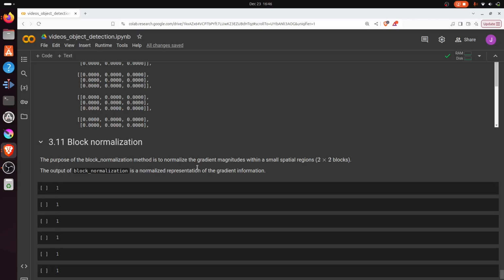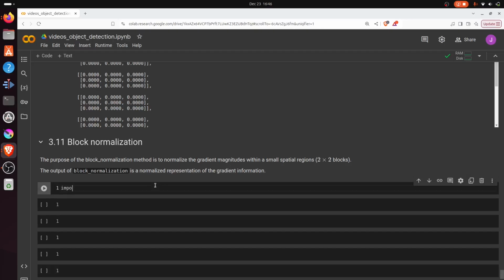So the output of the block normalization function is going to be a normalized representation of our original gradient information. All right, let's actually start seeing it in action.